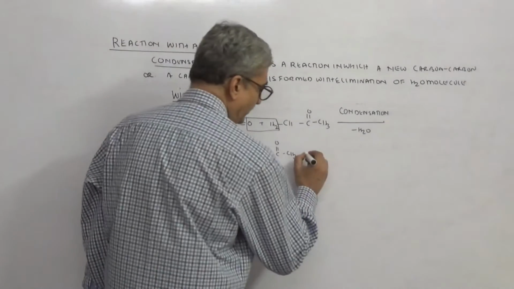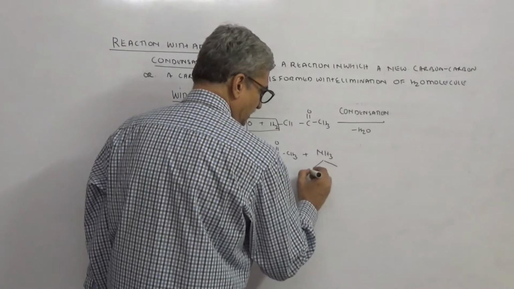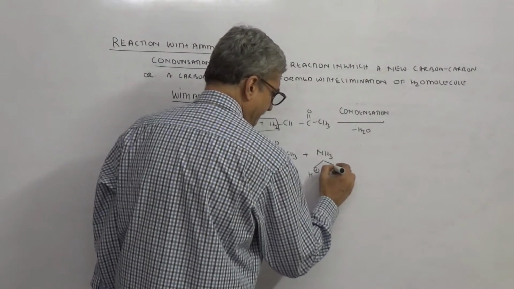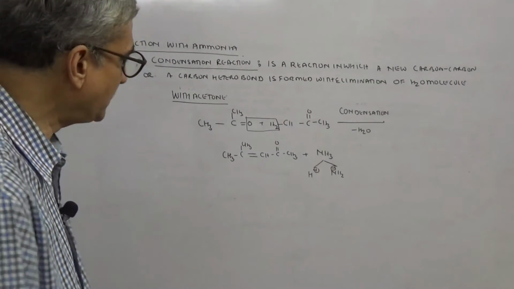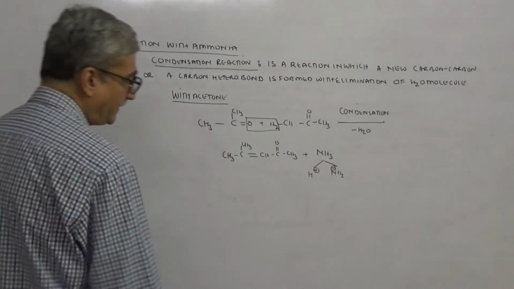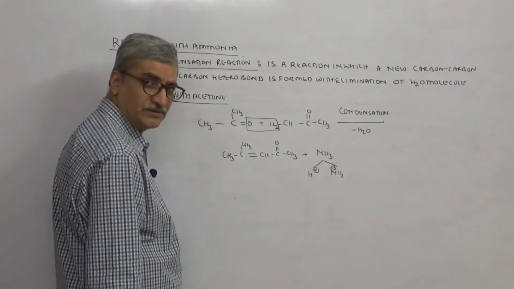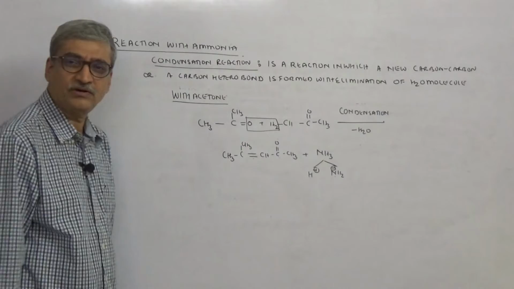Now you get scope for ammonia to add. Ammonia forms H plus NH2 minus. अभी इधर क्या हो रहा है? It can cause electrophilic addition across the double bond. It can cause nucleophilic addition across the carbonyl group.